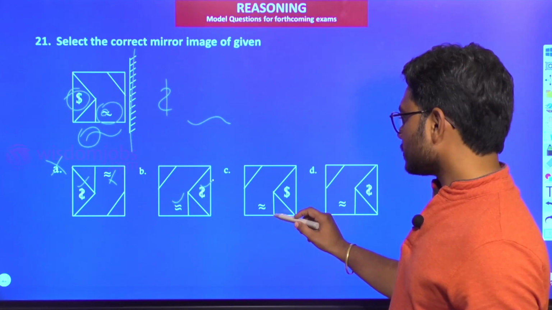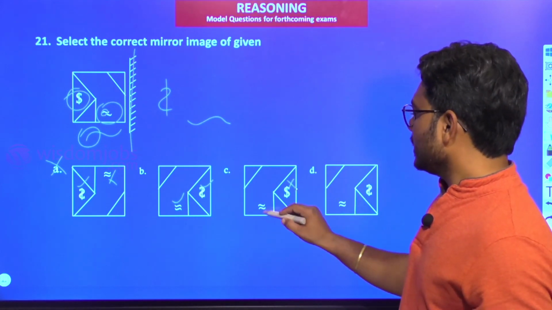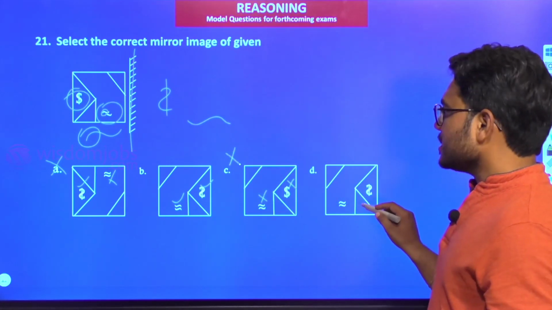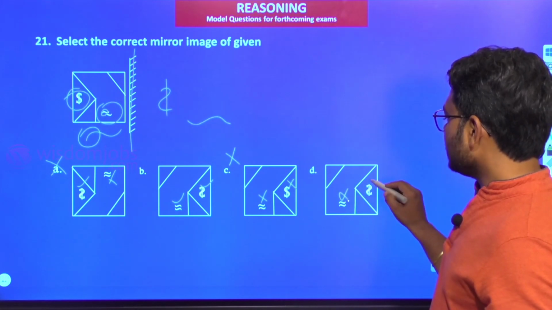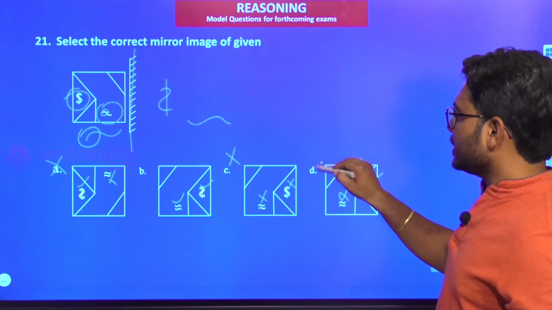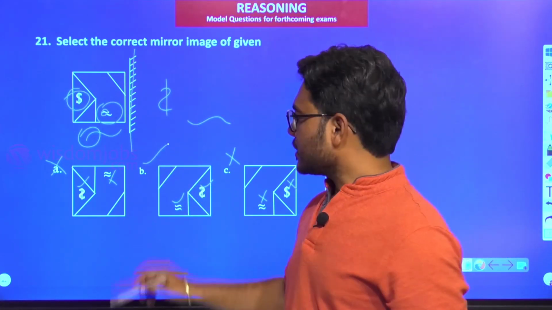See here, this is not valid, even this is not valid, so this can be eliminated. And see here, this one is not valid but this is valid, so one of those two is not valid, so we can eliminate that. Obviously upon elimination you could get this answer directly.